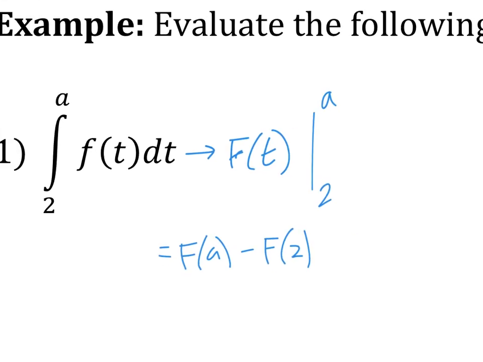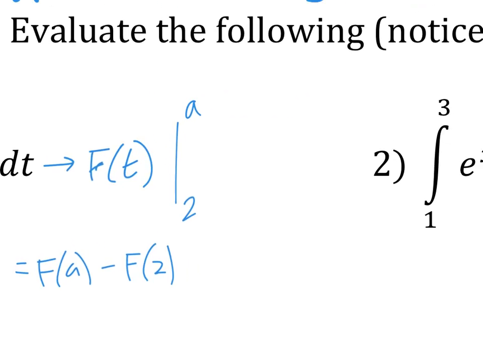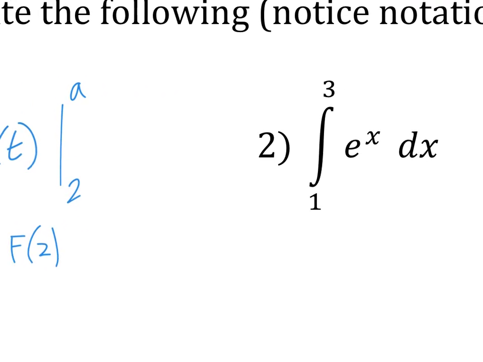All right, let's do another one, number 2. Integral from 1 to 3 of e to the x. What you want to do is find the integral first. So what is the integral of e to the x? e to the x is just e to the x.